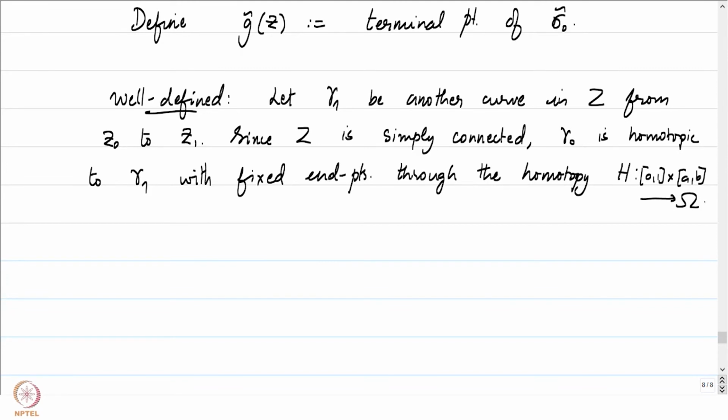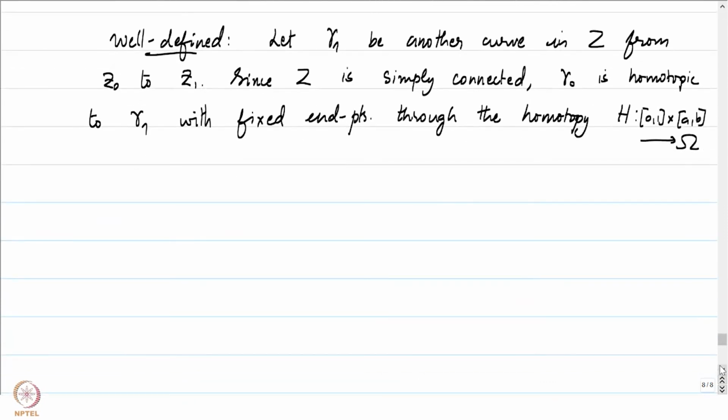So this is the homotopy where H of 0 comma t is going to be gamma 0 of t, H of 1 comma t is going to be equal to gamma 1 of t, H of s comma a is z0, H of s comma b is equal to z1. This is precisely what the properties of H are going to be, and of course H is continuous.